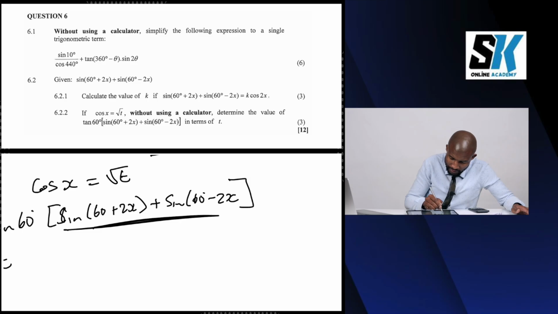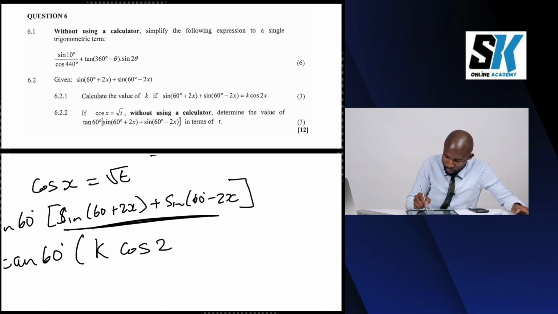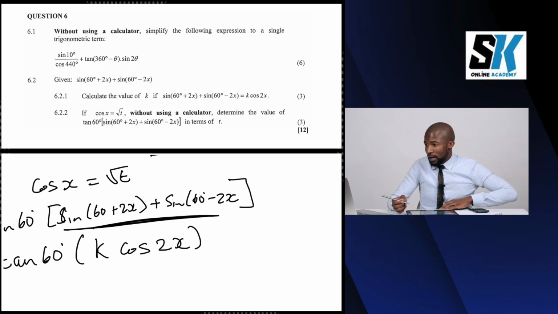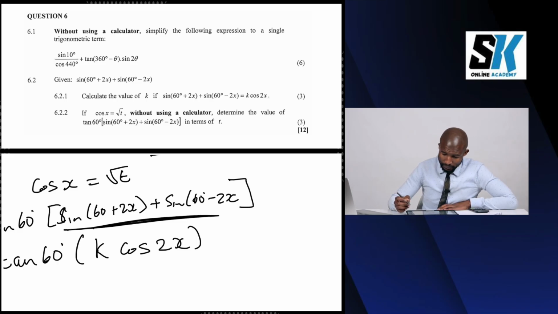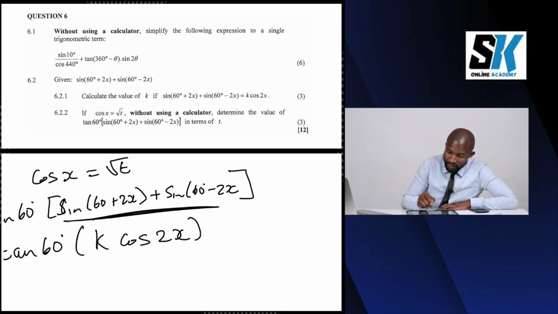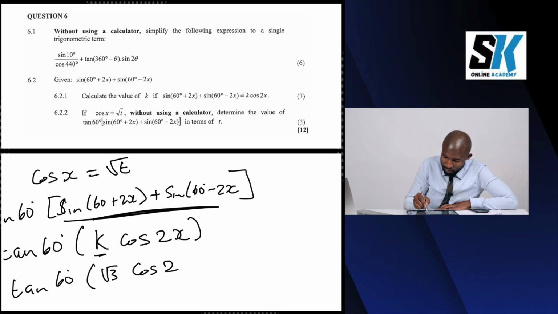So meaning that we have tan 60 times k cos 2x. And if you remember your k value is root of 3, so it's going to be tan 60 times root 3 cos 2x.